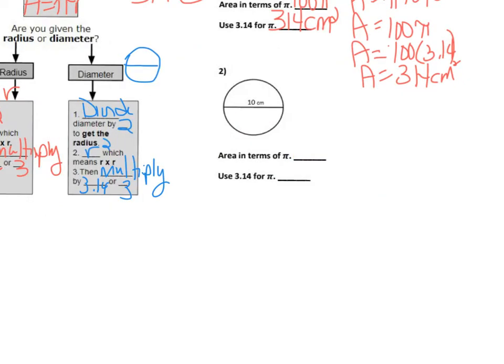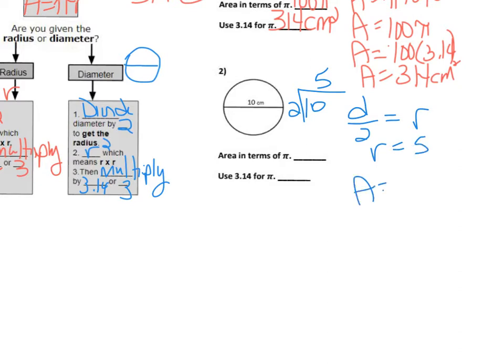Okay, for the second one, you're given what? Diameter. And what do we do when we're given diameter? Divide by 2 first. So that means 10 divided by 2 is 5. So basically, when they give you diameter, the formula is D over 2 is equal to R. But we already have that, it's 5. So now we're going to use 5 in our formula.